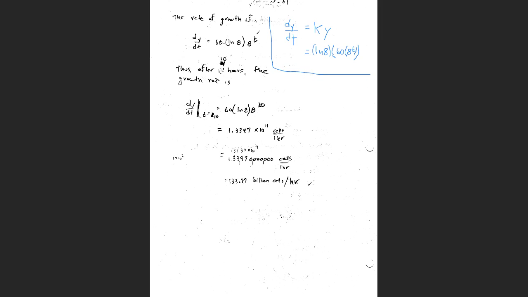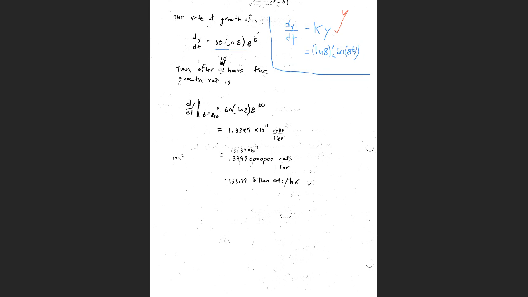And so dy dt is equal to 60 times the log of 8 times 8 to the tth power. I mean, that's pretty cool, right? Rather than taking a fresh derivative, we know what dy dt is. We just substitute in the k and substitute in our solution y. And that gets us there.